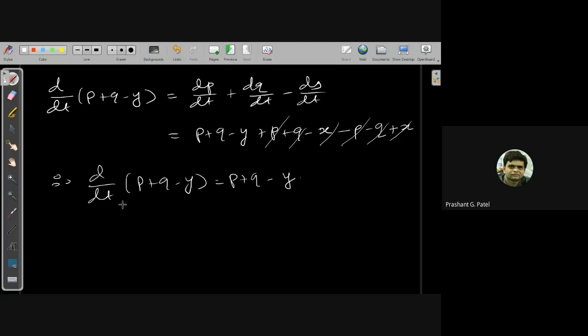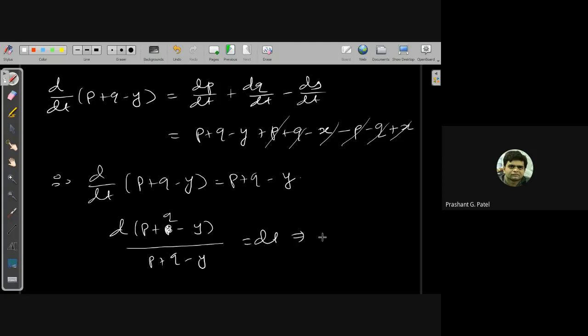And if I take the separable variable method, that is d of p plus q minus y divided by p plus q minus y is equal to dt.